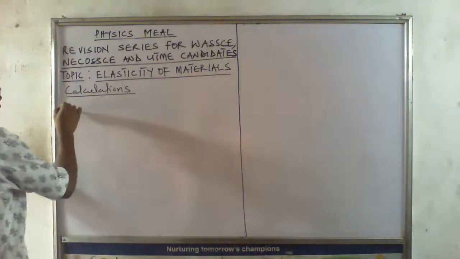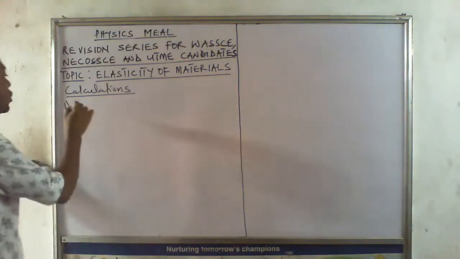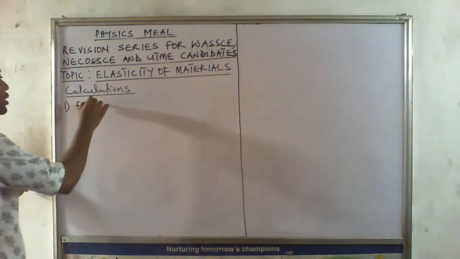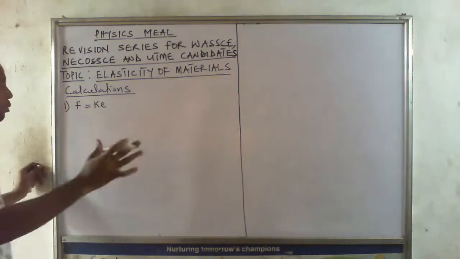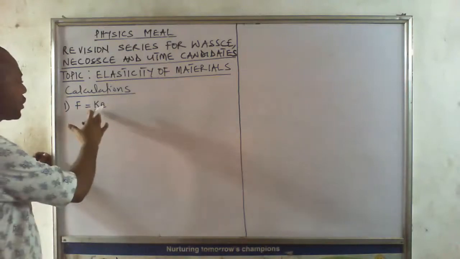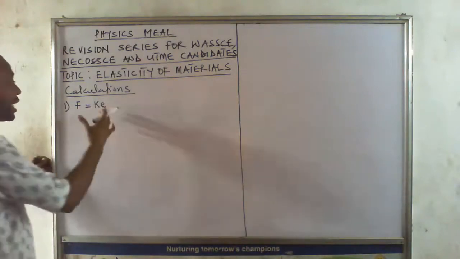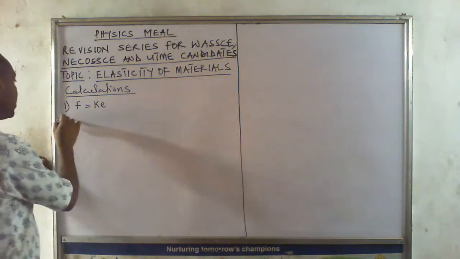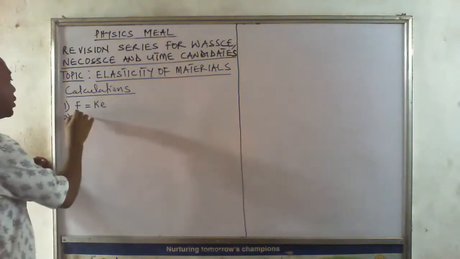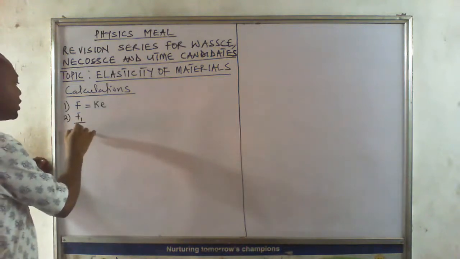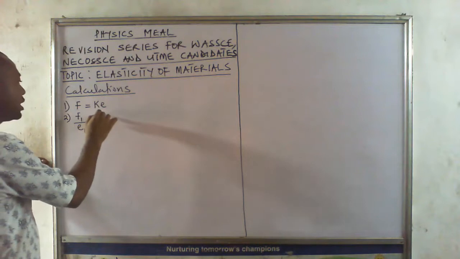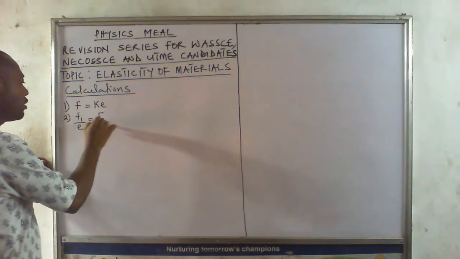We obtain an expression from Hooke's law where we say that F is equal to Ke, where F is the force, K is the force constant, and e is the extension. We extended this expression considering the fact that K is constant for a given material.